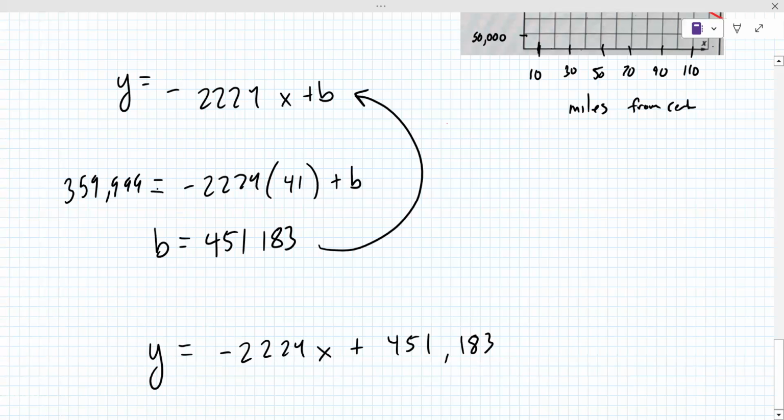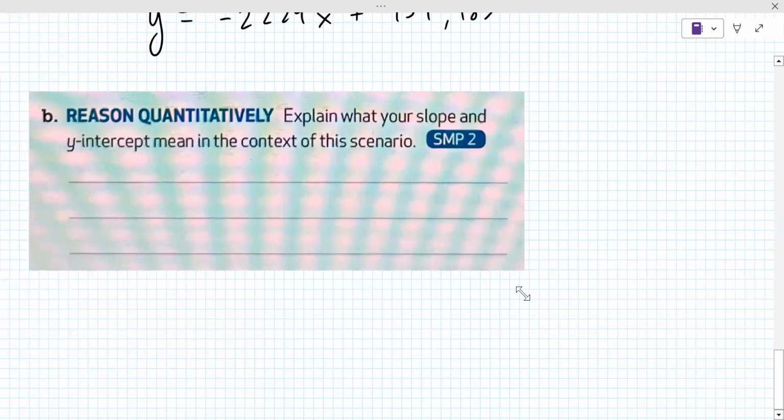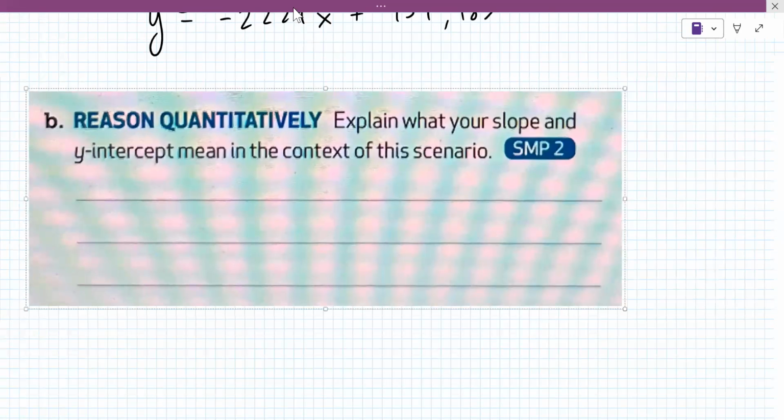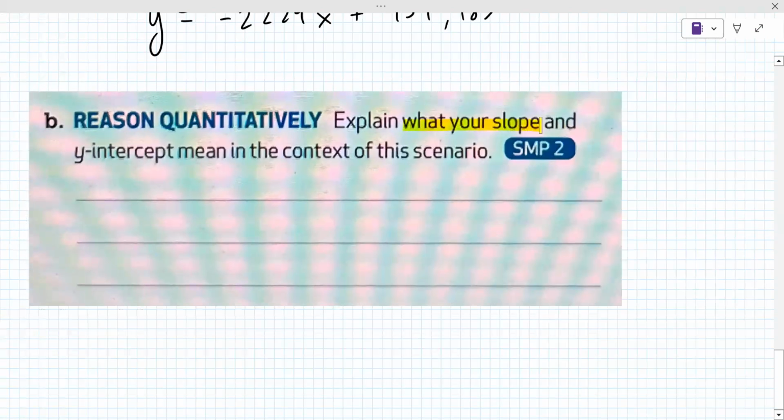So I know that was a lot. That's everything for that one, and the rest of it should go pretty quickly. Let's take a look at Part B. Explain what your slope and y-intercept mean in the context of the scenario. You're going to get a question on your test to interpret the slope, and there's a recipe for how to do that.